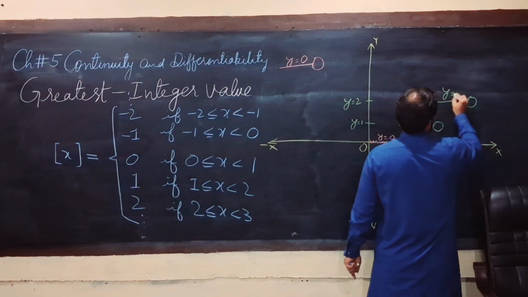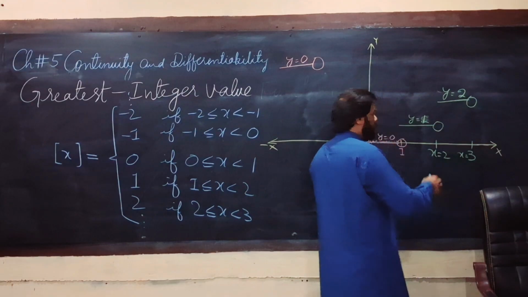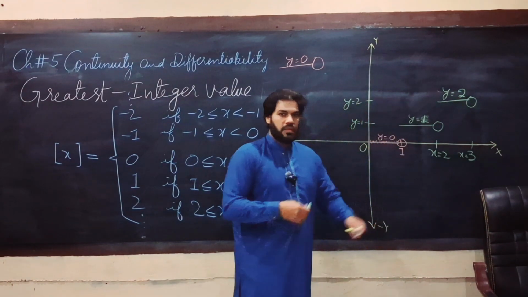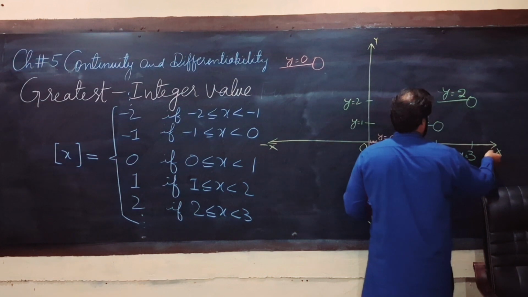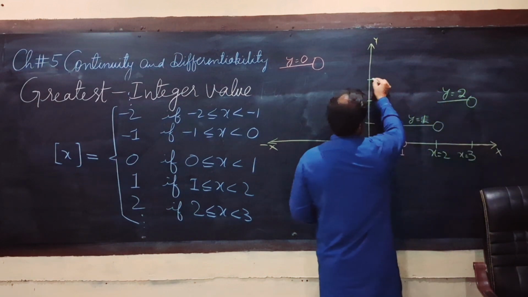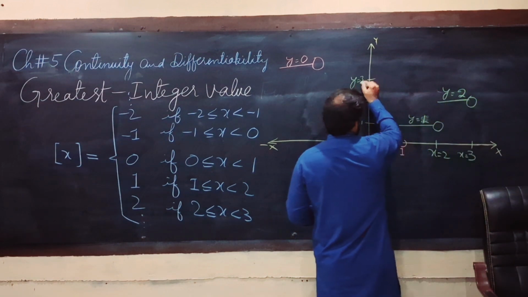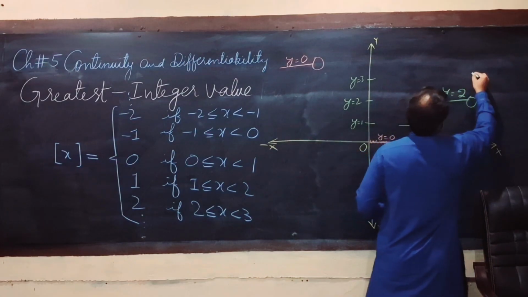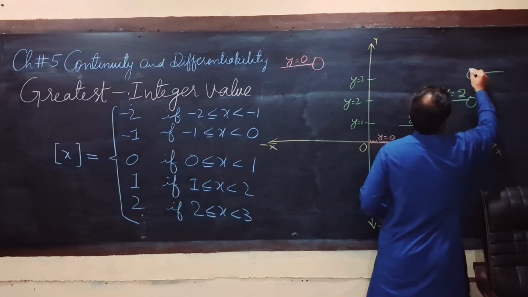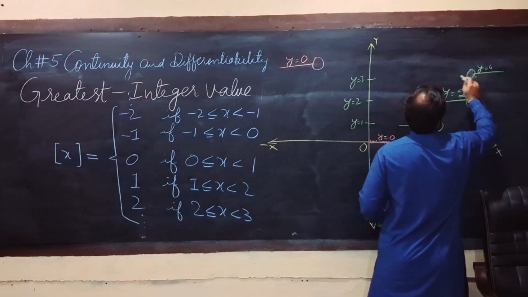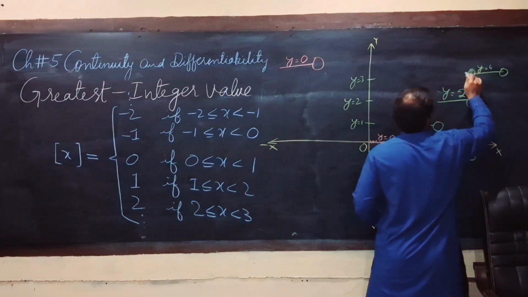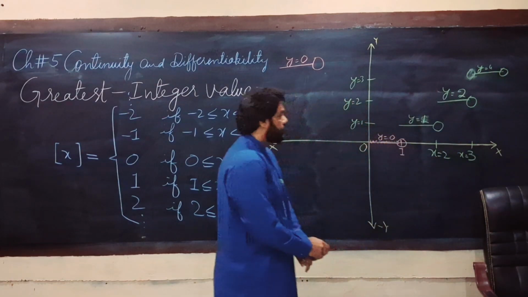This represents y is equal to 2. Similarly, you can extend this graph more. For example, if you take one more point, x is equal to 4 here, then the graph of the function for y is equal to 3 will lie here, with the circle on the right side.